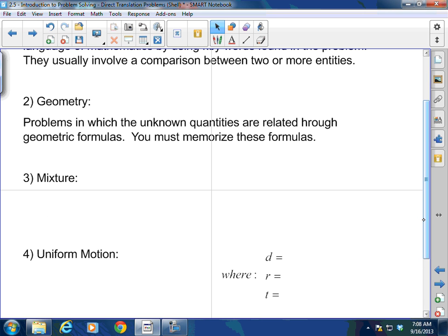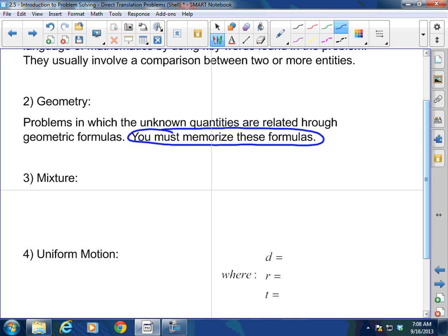Geometry. Problems in which the unknown quantities are related through geometric formulas. Please start now. You must memorize geometric formulas. Area, perimeter of squares, rectangles, trapezoids, rhombuses, parallelograms, circles. Those are all very good to know.